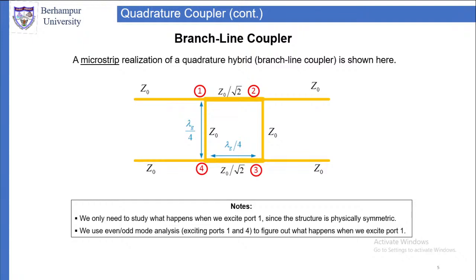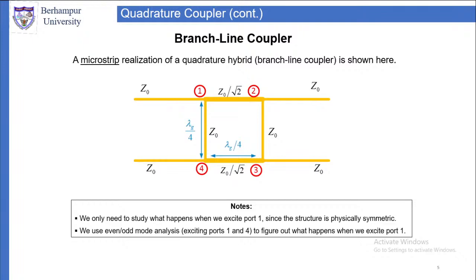If path difference is lambda g by 4, then 2 pi by lambda g into lambda g by 4 is pi by 2. So pi by 2 from point 1 to point 4. Similarly, 3 pi by 2 from point 1 to point 4 when it comes through point 2 and point 3. So total path difference is 180 degree.